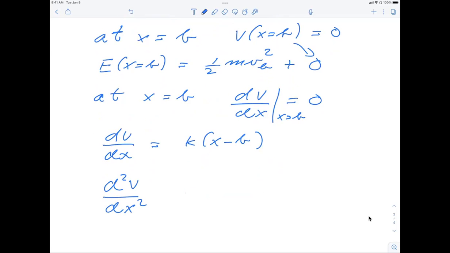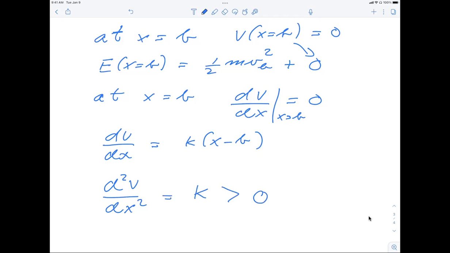What's the expression for the second derivative? If you take the derivative of the equation which you have here, what do I get? Yeah? Just k. And we have assumed that the spring constant is positive. So this is k, and this is assumed to be larger than 0.